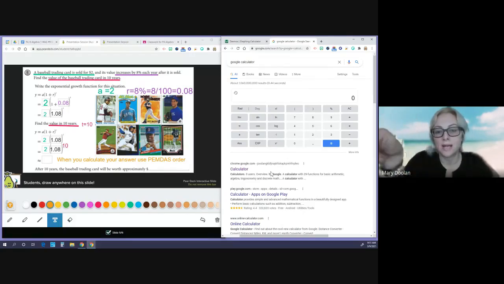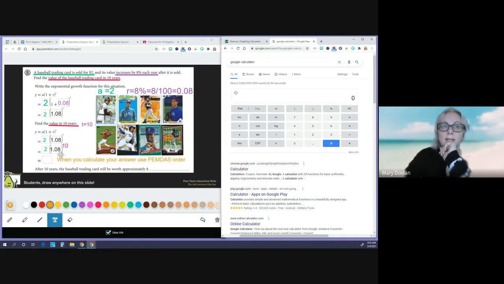So I can show you exactly how to evaluate these expressions using this. When you want to find the power of something, like 1.08 to the 10th power, I'm going to use this button here, this x to the y power.